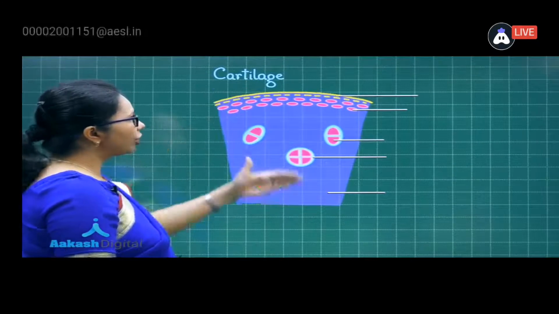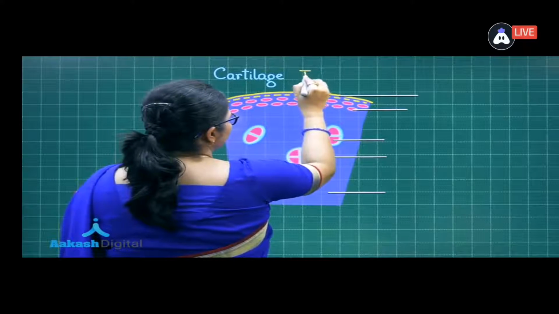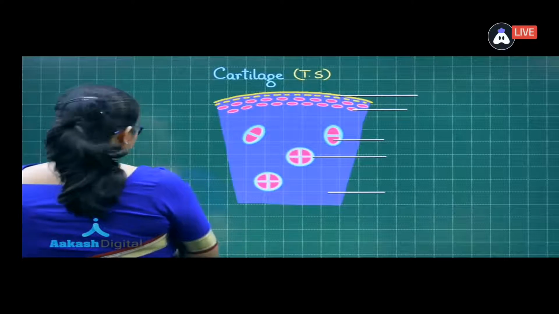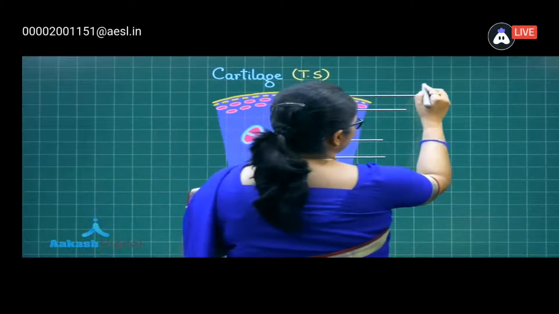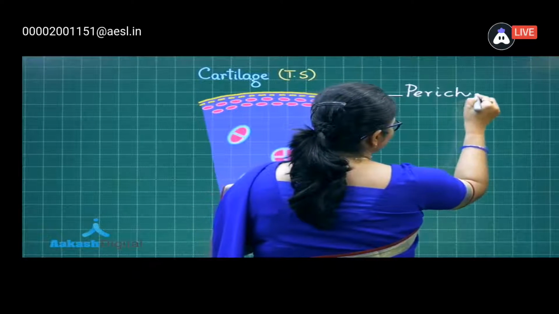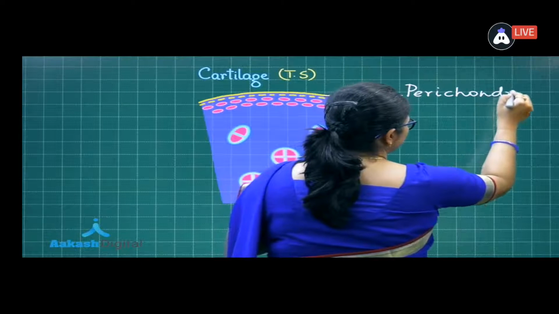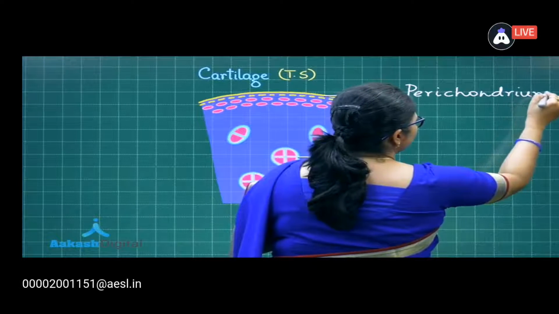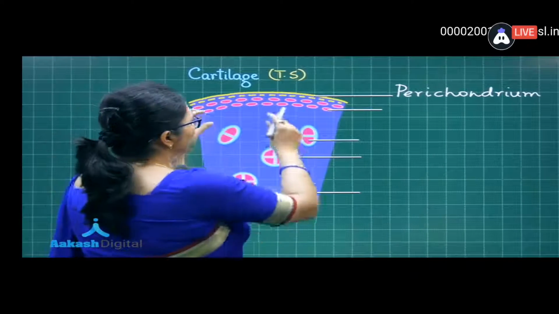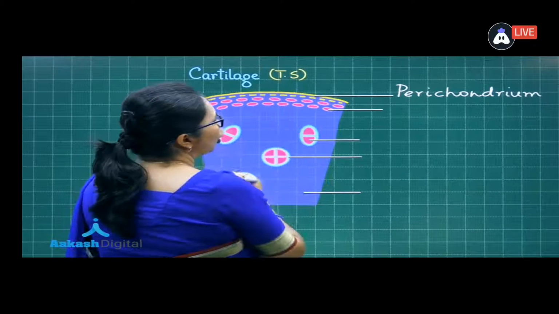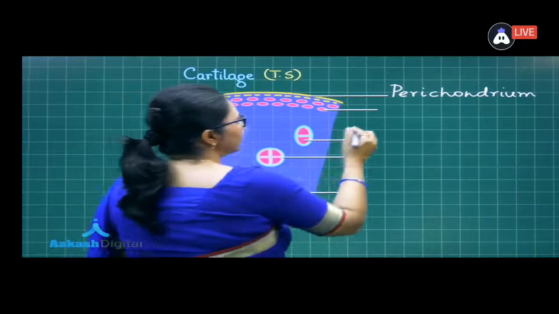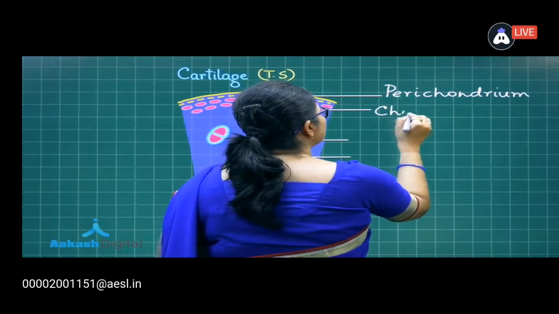So here we have a transverse section. This is a TS through the cartilage, and in this outermost, this is the covering sheath, which is the perichondrium, which is again the dense irregular connective tissue, and just along with this perichondrium on the inner side there are some of the immature cartilage cells which are called chondroblasts.